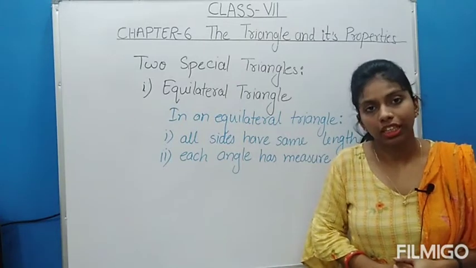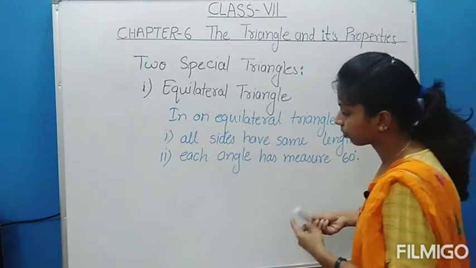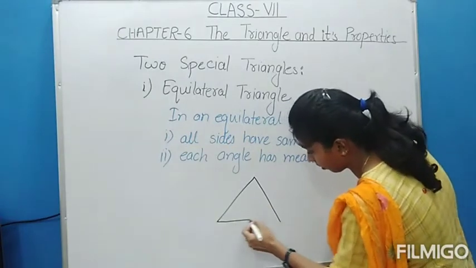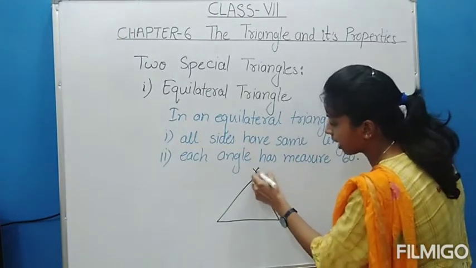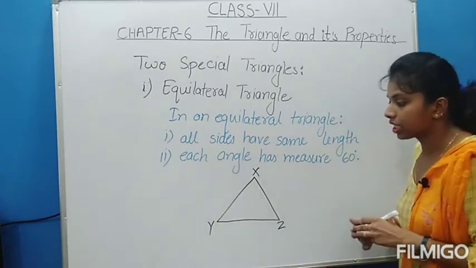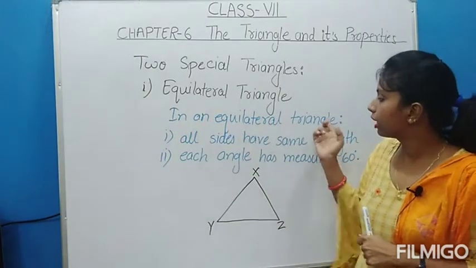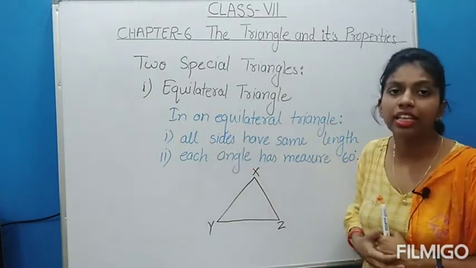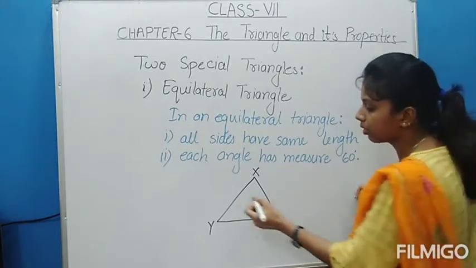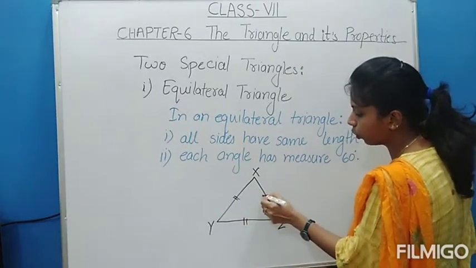So suppose we have a triangle X, Y and Z. Suppose this is an equilateral triangle. According to the first property, all sides have the same length, means XY is equal to YZ is equal to ZX.